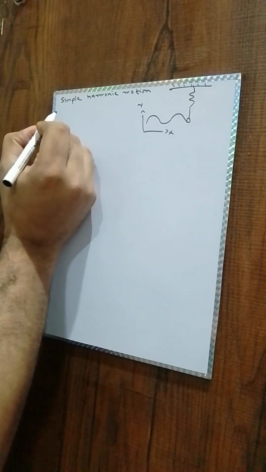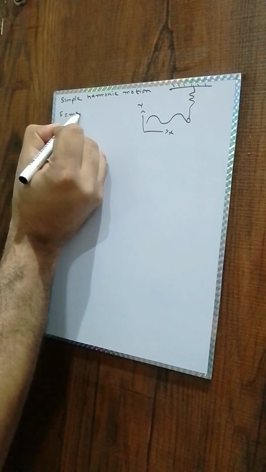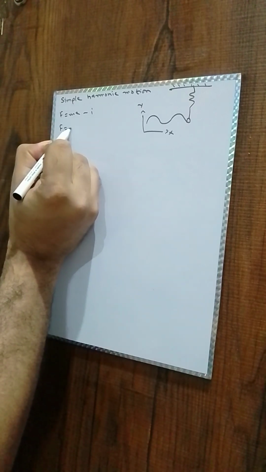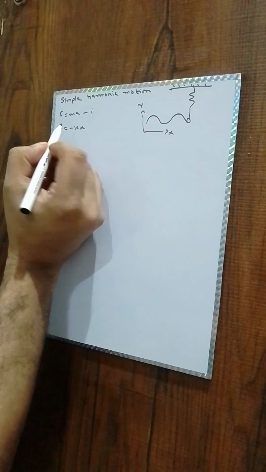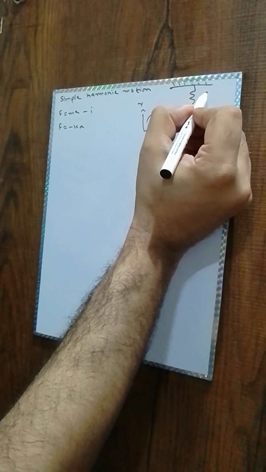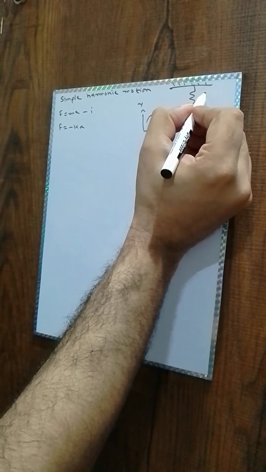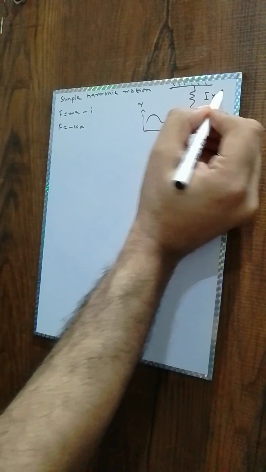So the first thing is F is equal to ma, Newton's law, and the second thing is F is equal to minus kx. Yes, the spring constant and the displacement. The spring has a constant and it has a displacement usually between the intervals.